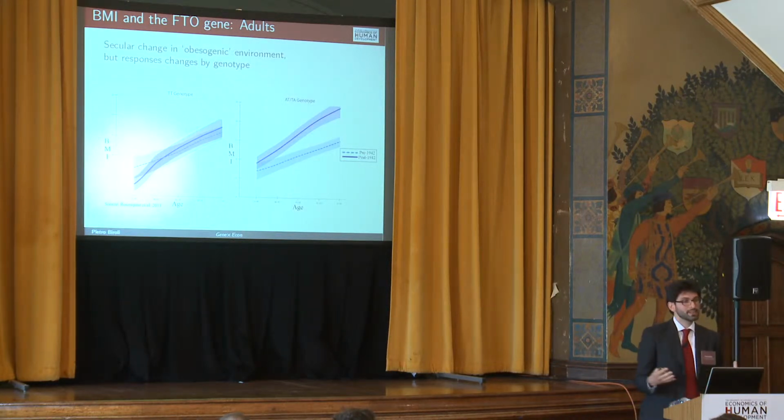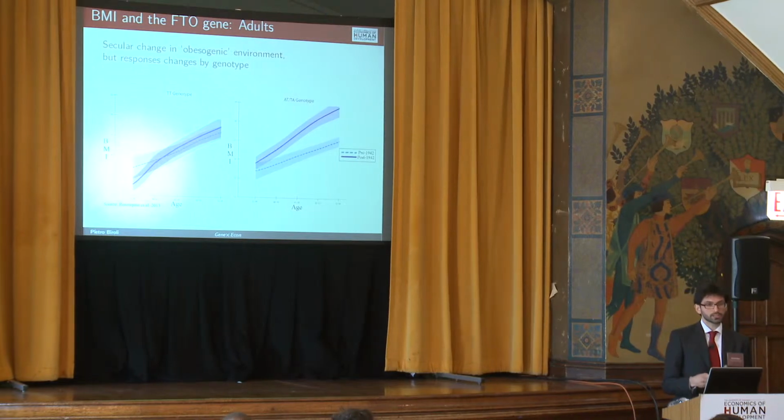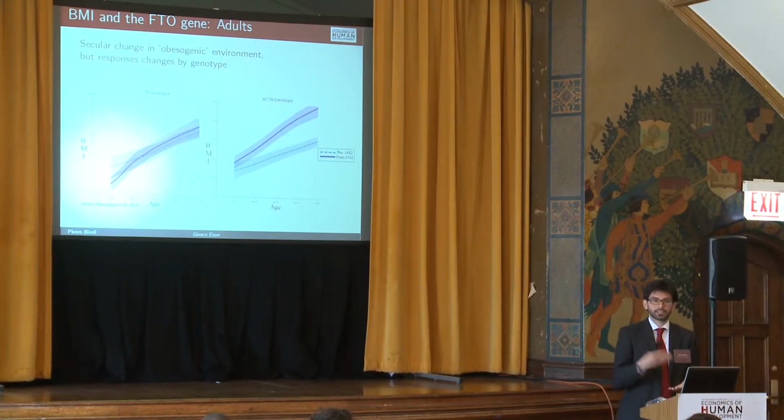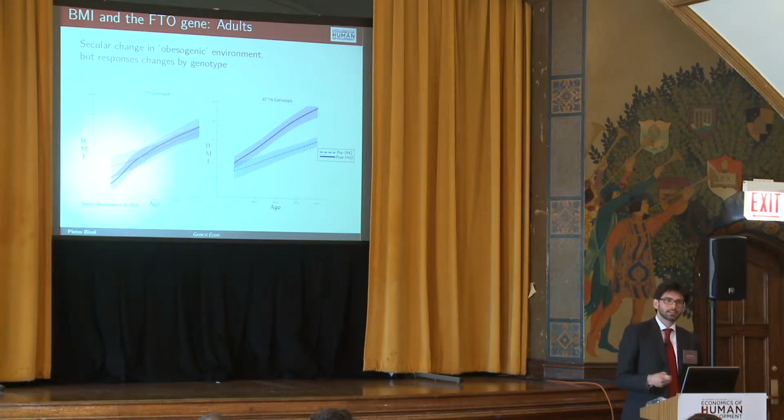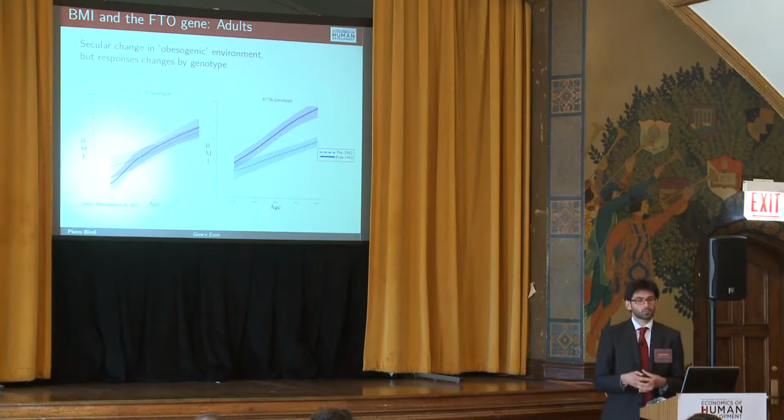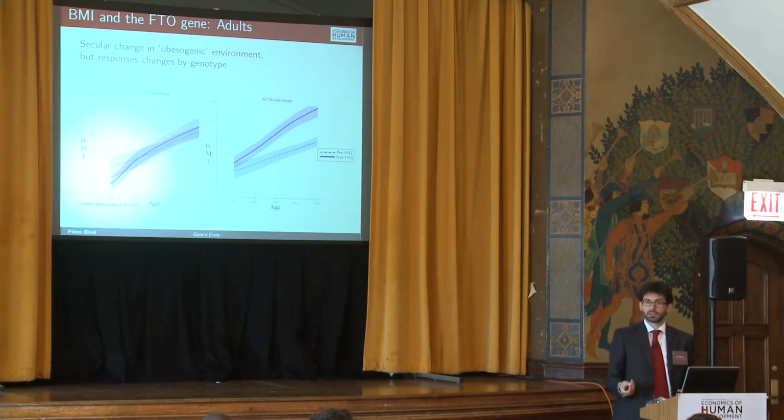Because there has been a massive change in what people have called the obesogenic environment. In the past 20 to 30 years, dense caloric foods have become available and cheap for everybody. At the same time, instead of doing physical work during our jobs, most of the time we stay seated in front of a computer or behind a desk.